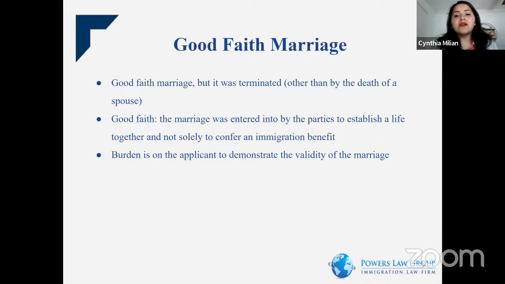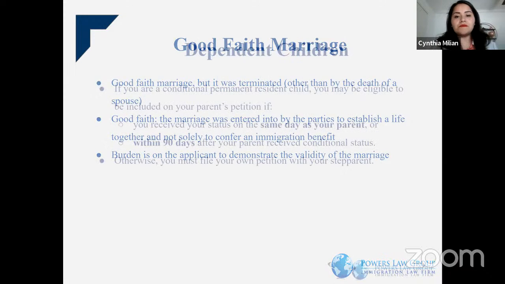So you can file it based on the fact that you did have a good faith marriage, but that it ended in divorce. But you still have the burden to prove that it was valid, right? That you didn't enter that marriage only for the purpose of obtaining an immigration benefit. And if you're doing this based on divorce, then you also have to include certified copies of the divorce decrees.